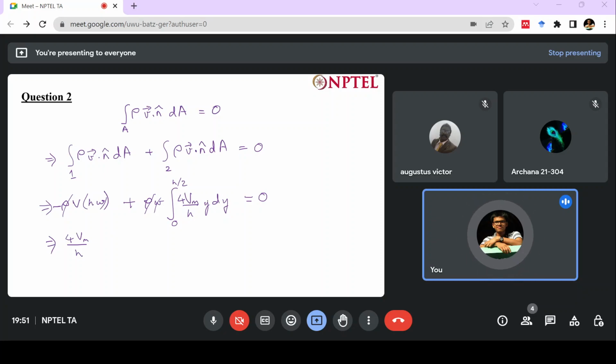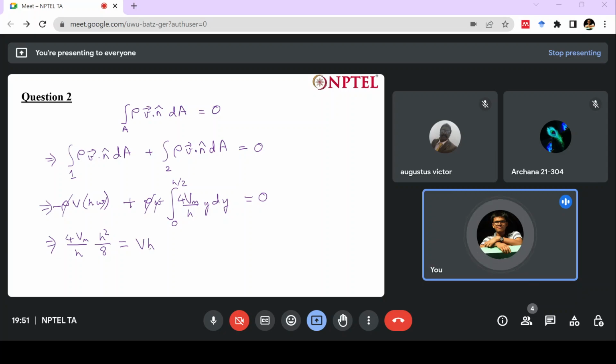This integration will be y square by 2. If I put y square here, it will be h square by 4, and divided by 2, so h square by 8. And this is equal to V into h.